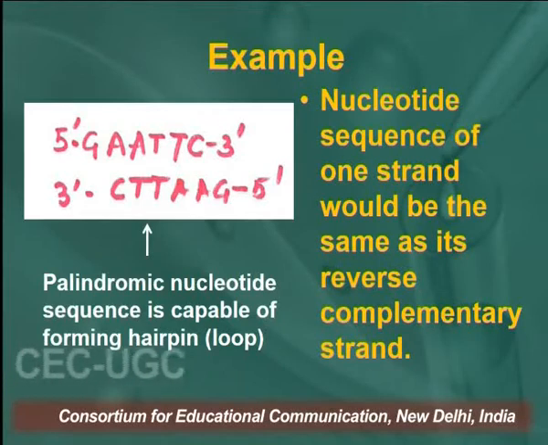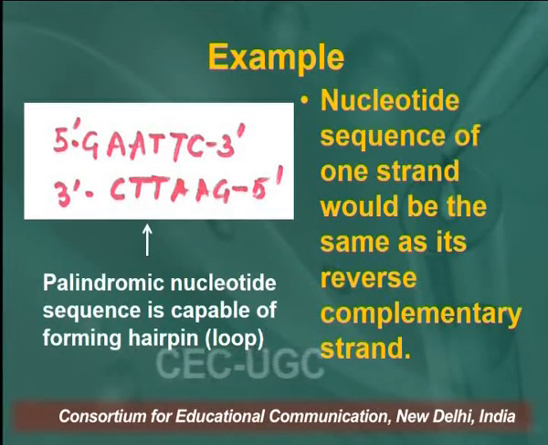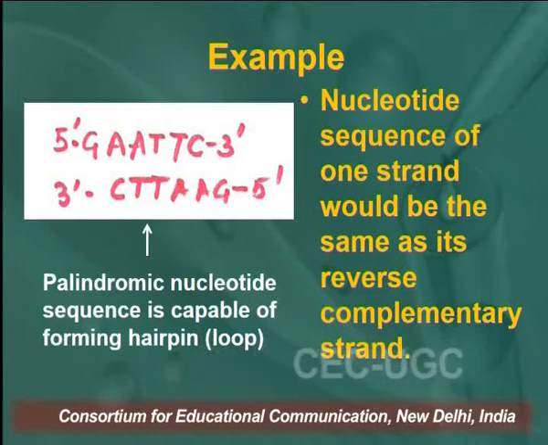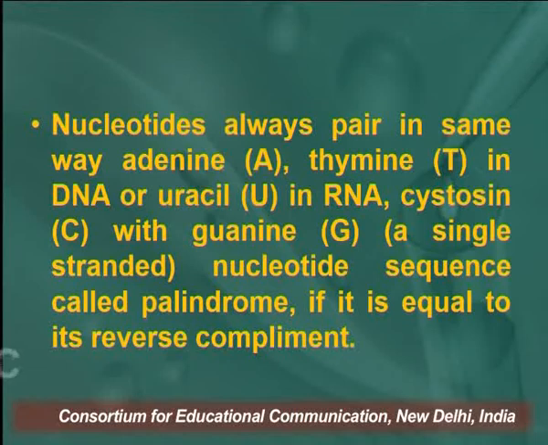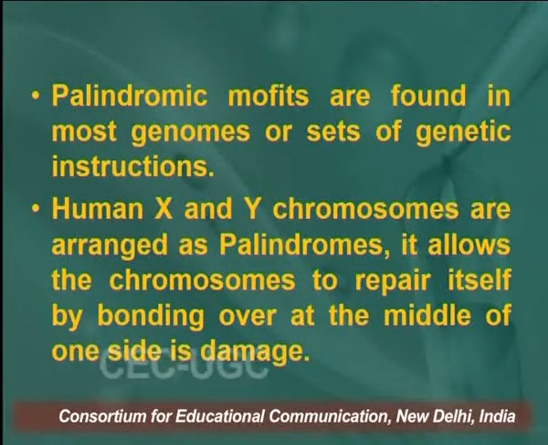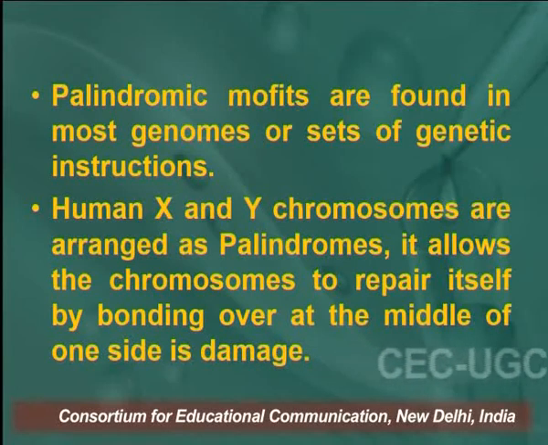This is the nucleotide sequence of one strand, and it would be the same as the reversed complementary strand. Nucleotides always pair in the same way, adenine with thymine in DNA or uracil in RNA, while cytosine pairs with guanine. A single stranded nucleotide sequence is called a palindrome if it is equal to its reverse complement, and these palindromic motifs are found in most genomes, or sets of genetic instructions.